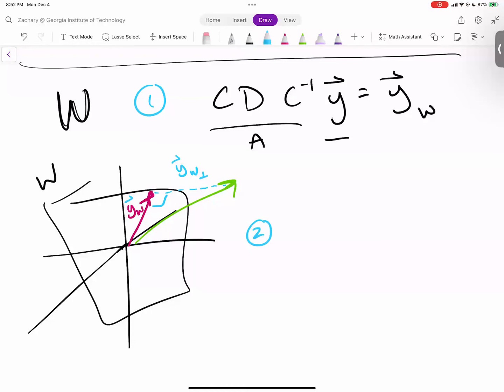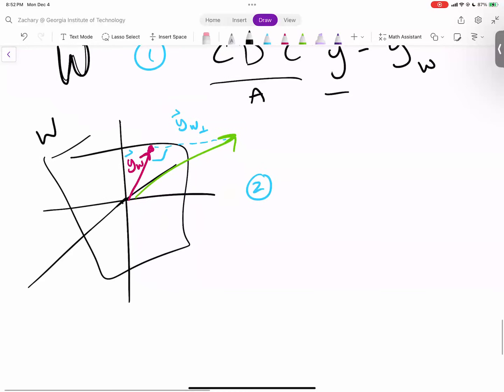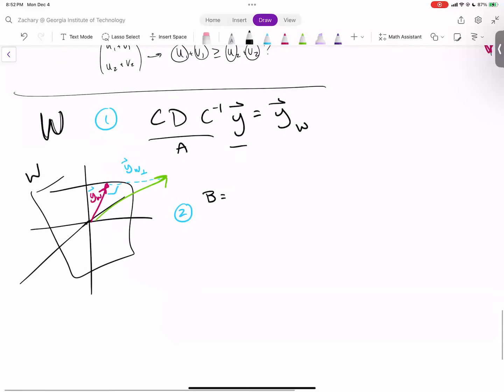The second way to do it is if we set a matrix B. Let me write over here. W equals the span of V1, V2 in this case.